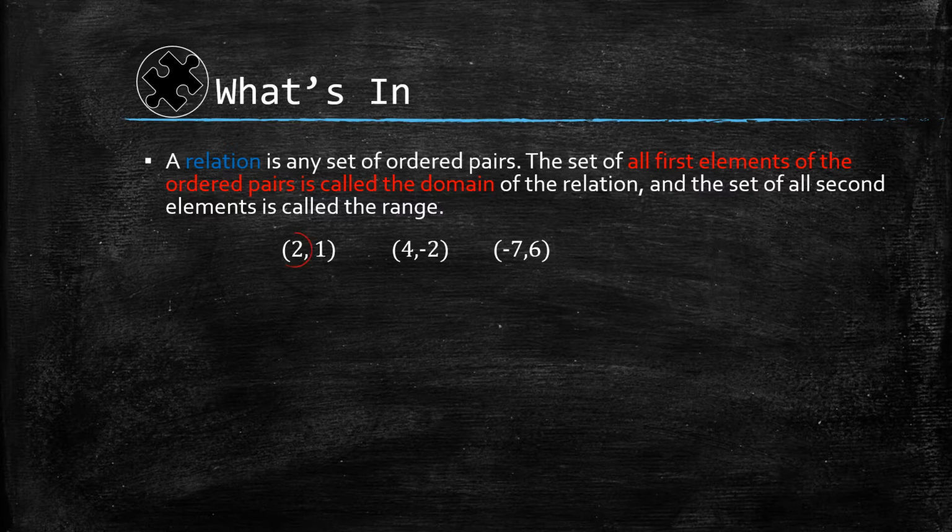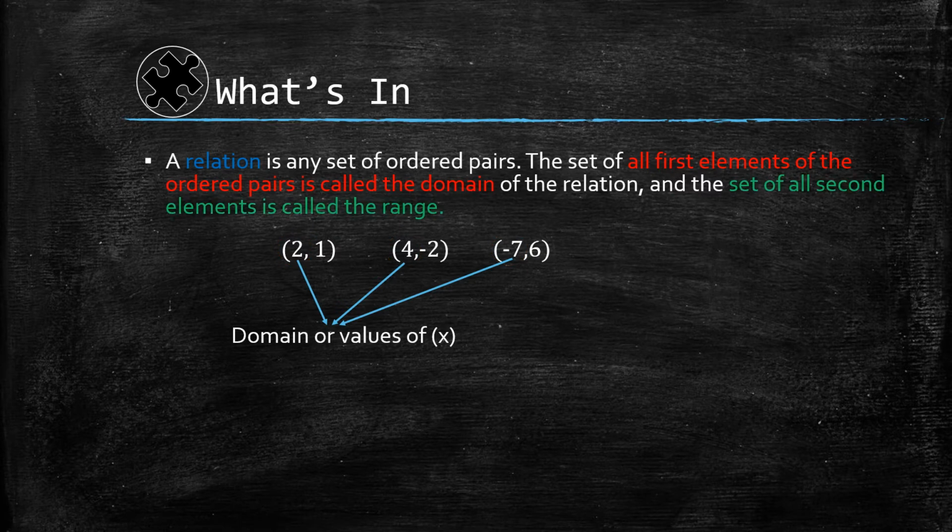These are the domain, or the values of your X. How about the other values? The set of all second elements is called the range. These are the range, or the values of your Y. So in this class, we should already be familiar with what a domain is and what a range is.